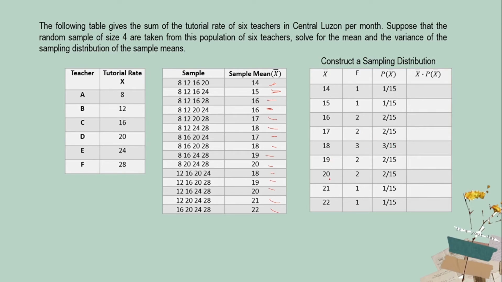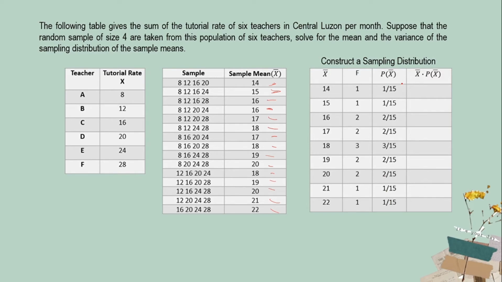Both 19 and 20 have a frequency of 2, so they also have a probability of 2 over 15. And both 21 and 22 have a frequency of 1, so the probability is 1 over 15.